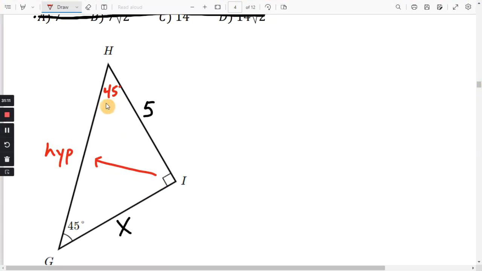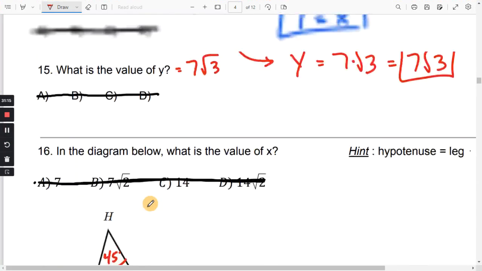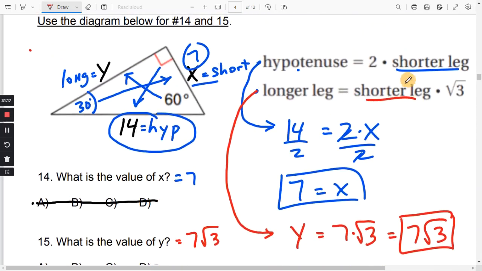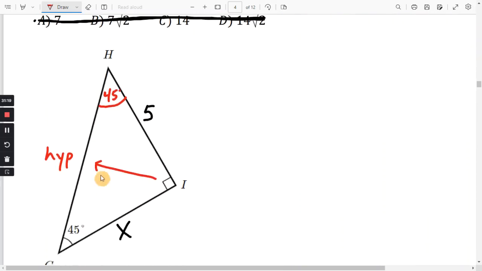Since we have a 45 and a 45, we don't have short and long because they're both the same. So instead of short and long leg, we just call it leg. Go across from the angle to the side, and that's just leg. Leg equals leg, so x equals 5.